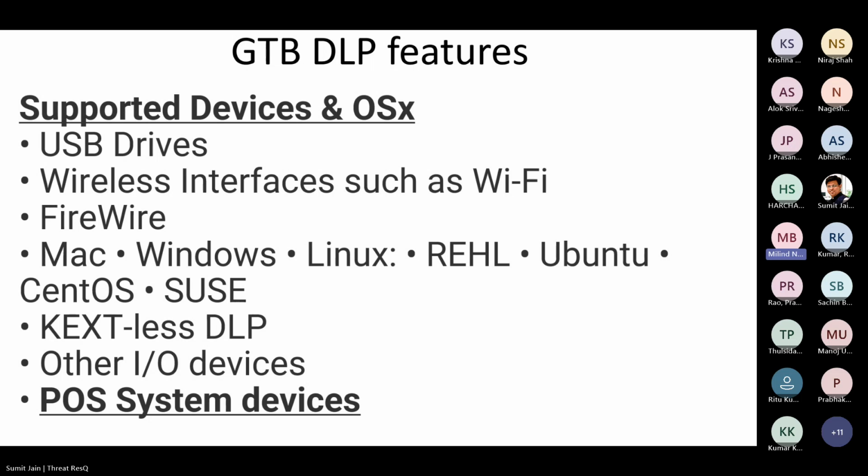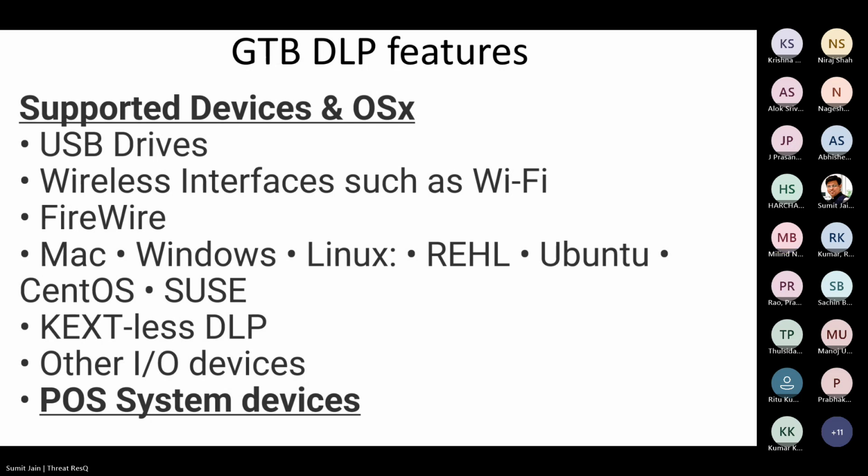Network DLP is one of the prime parts of GTB DLP, and it can support that. Firewire it can also support. It supports Windows as well as Apple Macintosh OS 12 and above. Although it supports 11, as I told you, 11 is end of life, so it is better to avoid end of life operating systems to avoid vulnerabilities. Both 32-bit and 64-bit are supported.